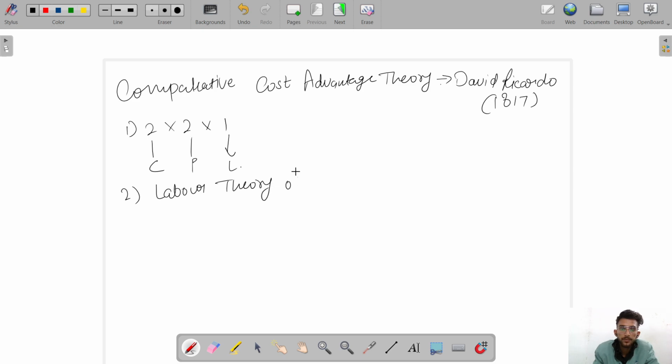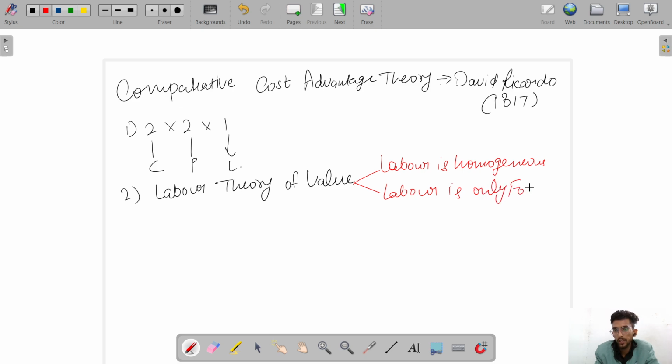This means labor is homogeneous, labor is the only source of production, and labor is the only factor of production.